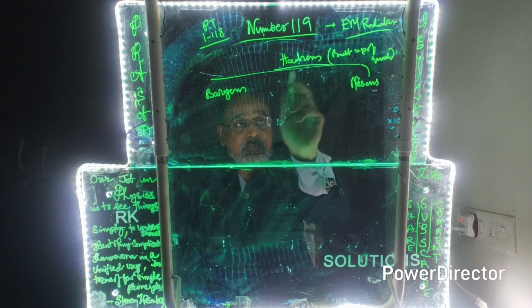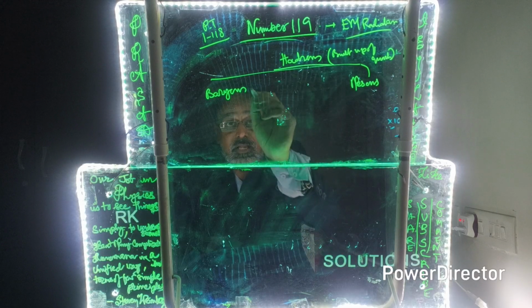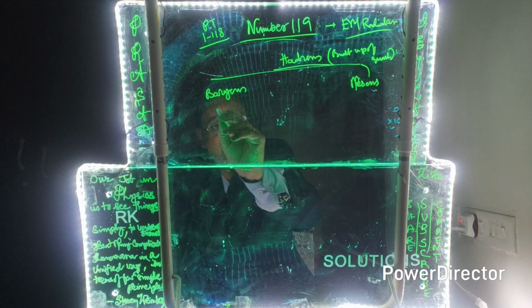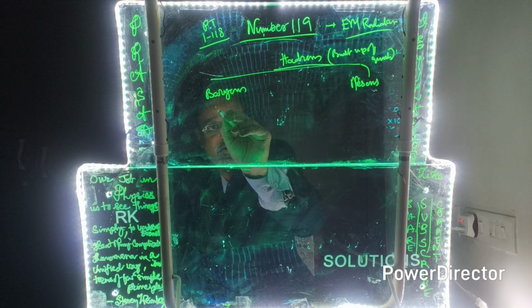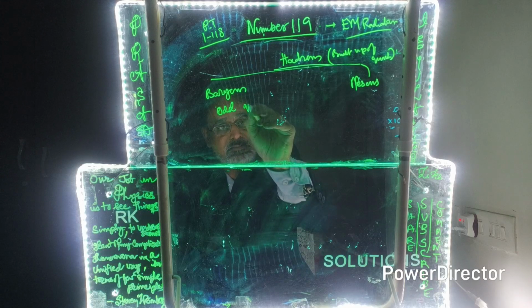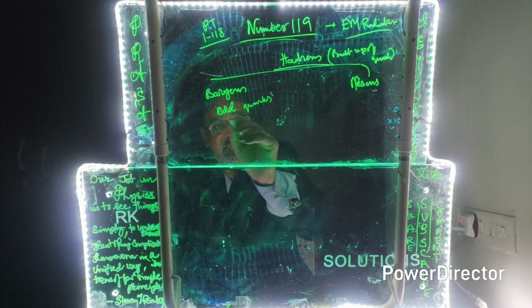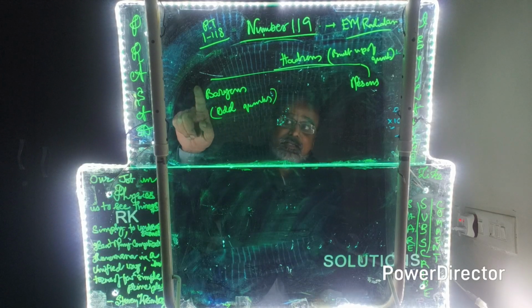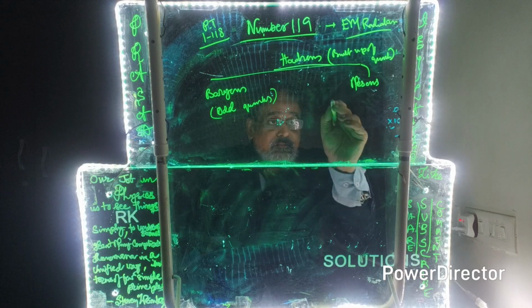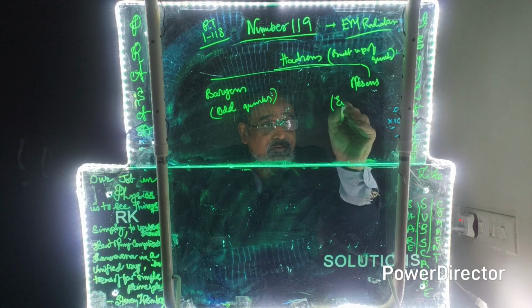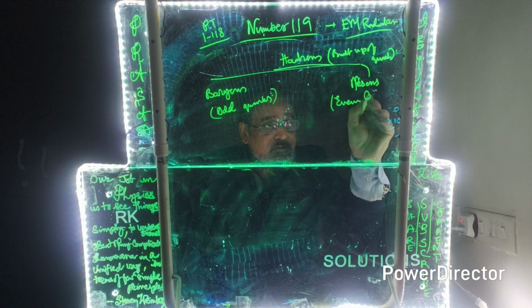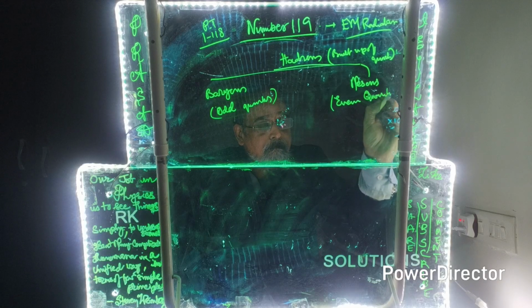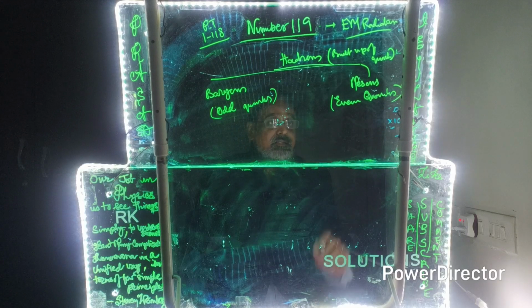If the number of quarks is odd, then they'll make baryons. If an even number of quarks come together, they form mesons.